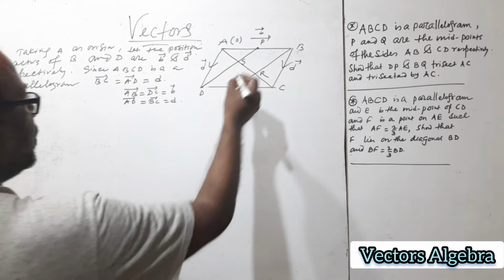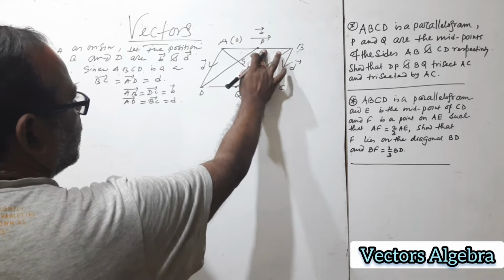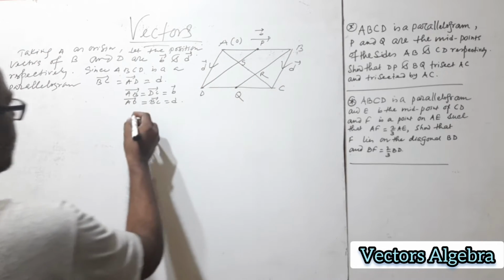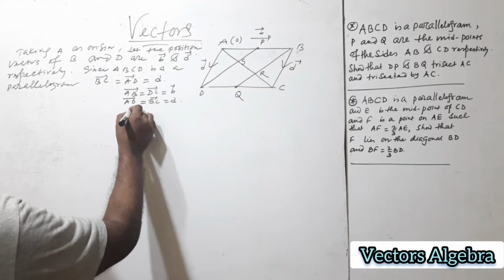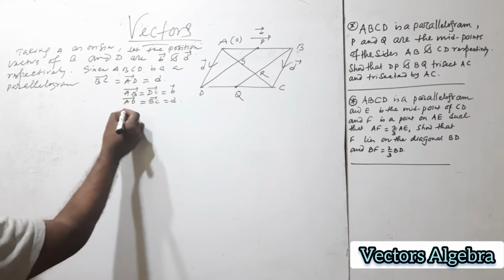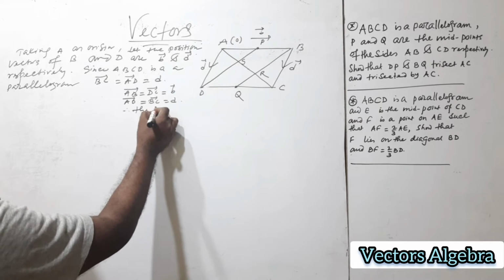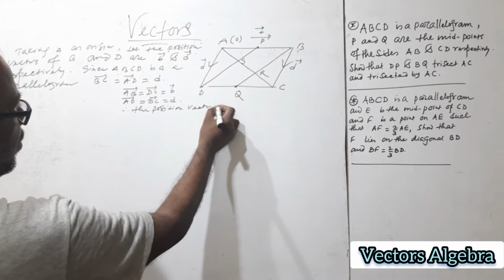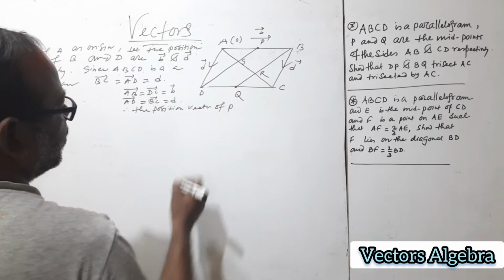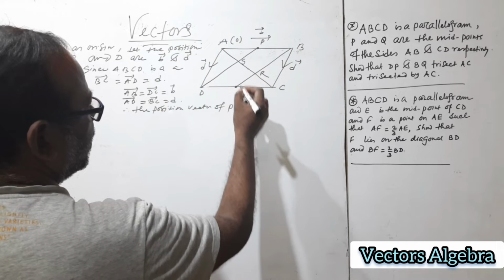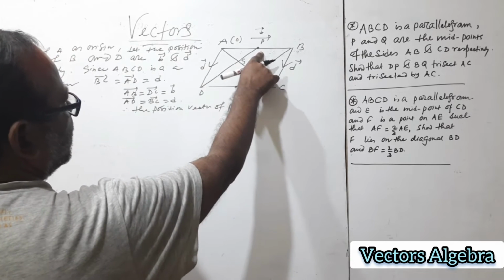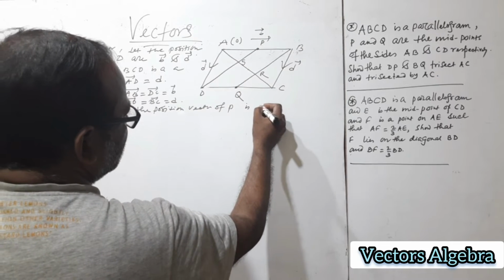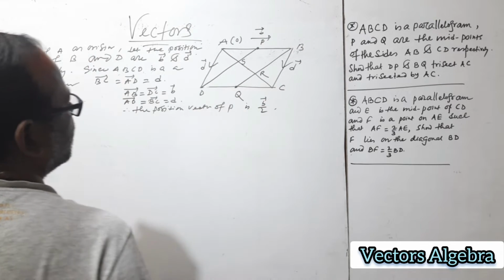And the position vector of P, this is P, and this is Q. Therefore the position vector of P is half of AB, and the vector is b, so this is b by 2.